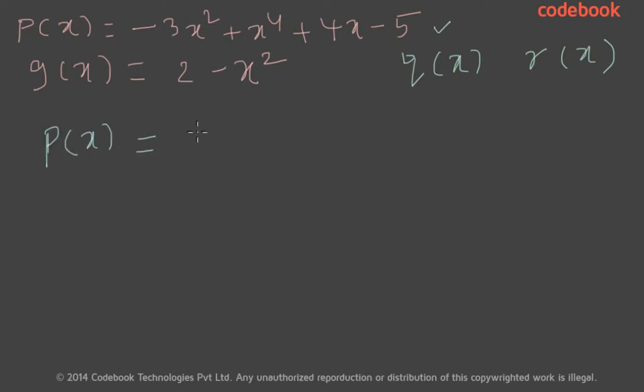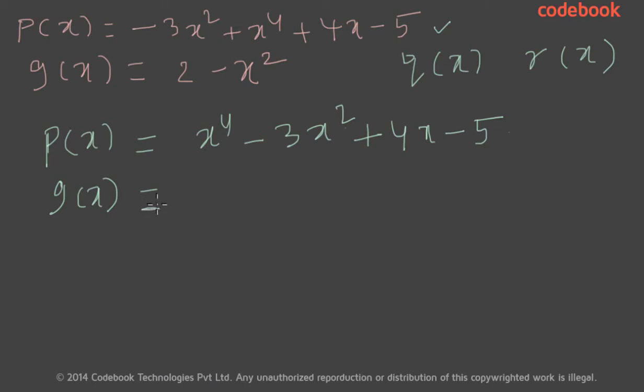So p of x becomes x power 4 minus 3x square plus 4x minus 5. If you observe this, now the powers of x are in decreasing order: 4, 2, here the power is 1, and for the constant term, the power of x is 0. So these are all in decreasing powers of x. So this is correct.